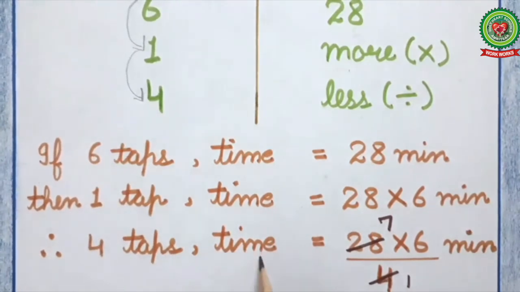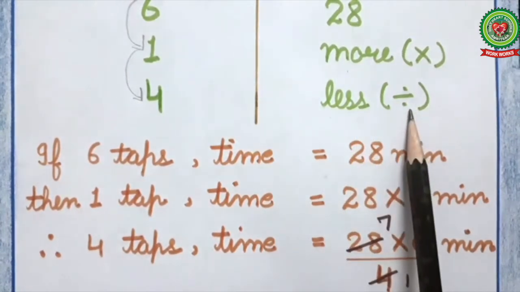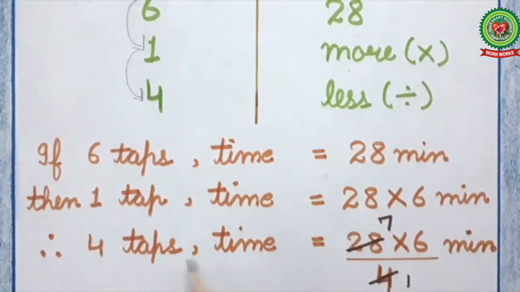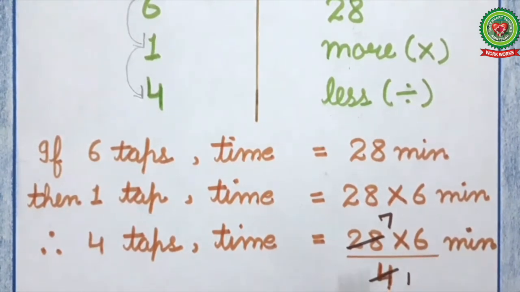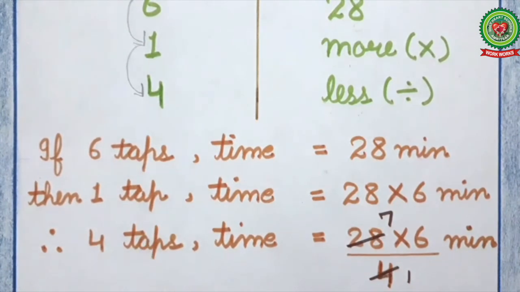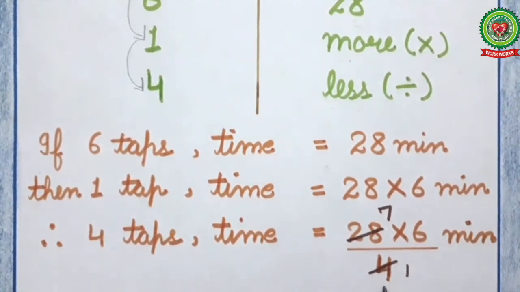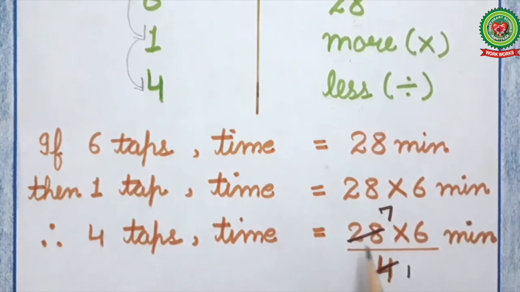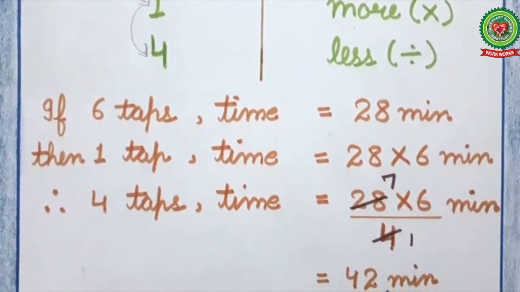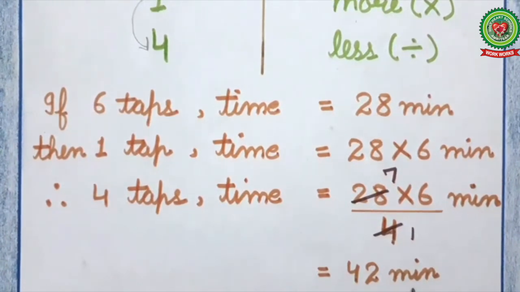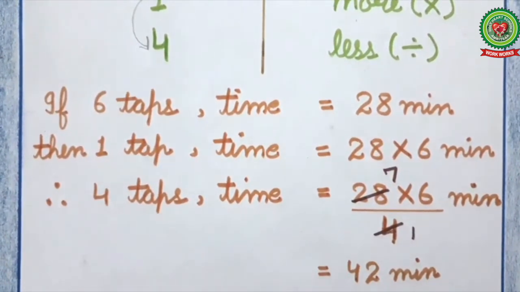Therefore, 4 taps time is equal to what we will get by dividing the time for 1 tap by the number of taps. Here the time for 1 tap is 28 multiplied by 6, divided by the required taps, that is 4. Then on simplification, 4 and 28 come in the common table: 4 ones are 4, 4 sevens are 28. So we are left with 7 multiplied by 6, which comes out to be 42 minutes. That is the required time for 4 taps.